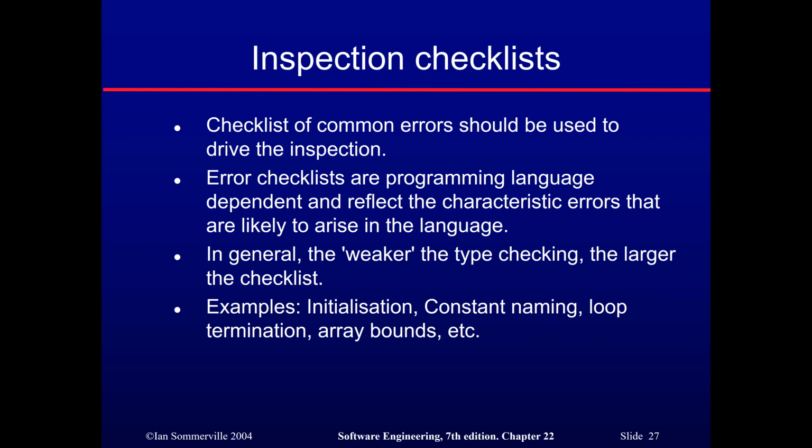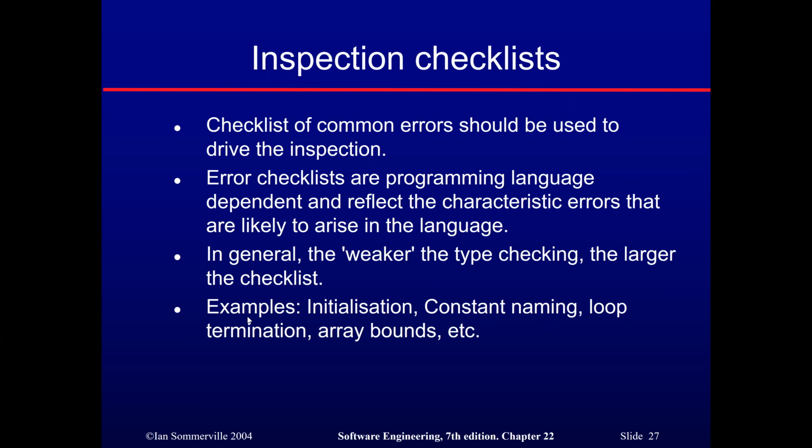Okay, so for example, a compiler that performs a more powerful type checking leaves the inspector only a smaller number of checks to perform.